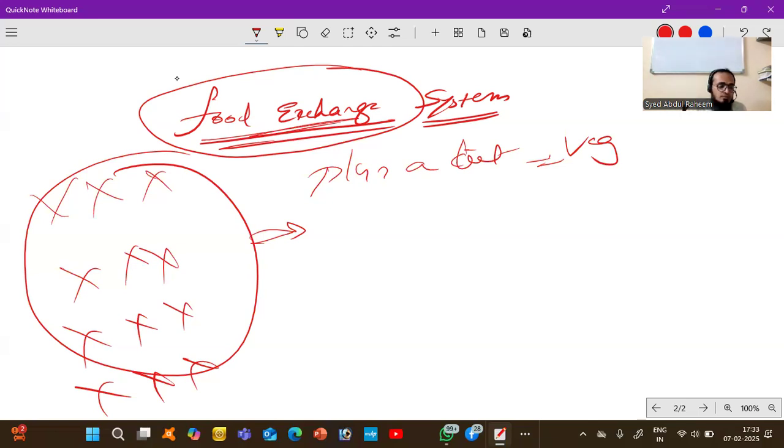Many people don't like eating certain foods. Some don't like eating chapati, some don't like eating rice. So what do we have to do? We have to exchange those foods with another food to regain the benefits of the food. According to the category, and according to flexibility, we have to design that.